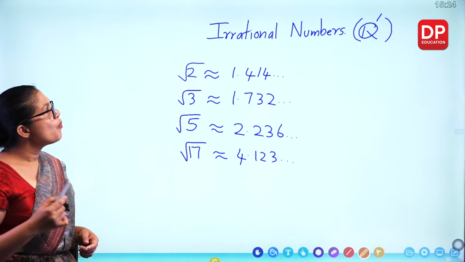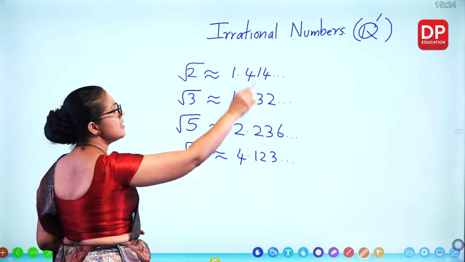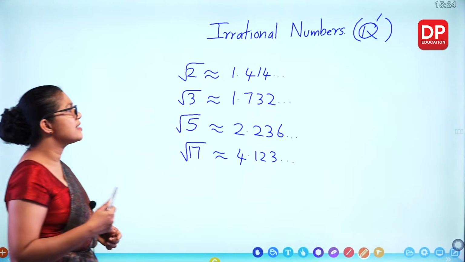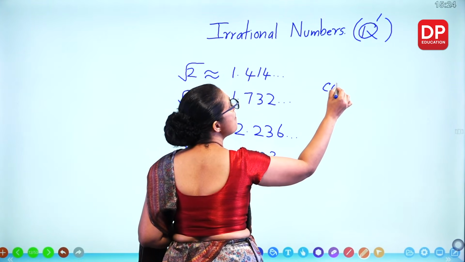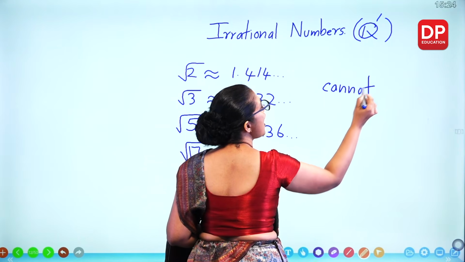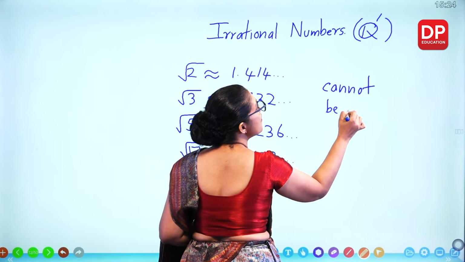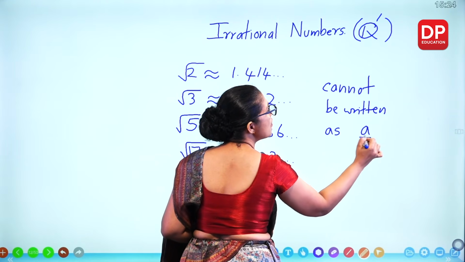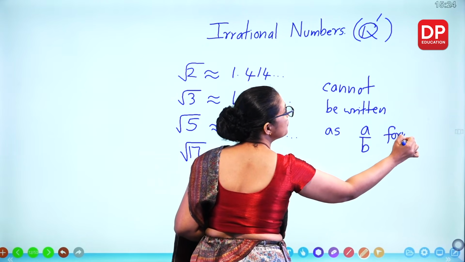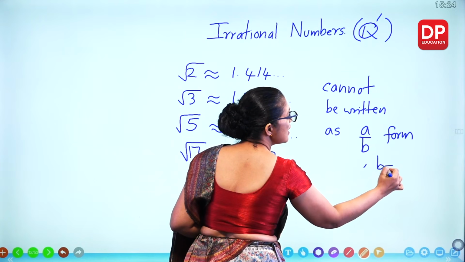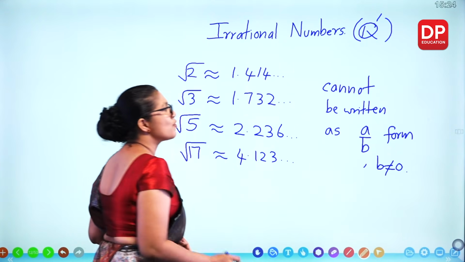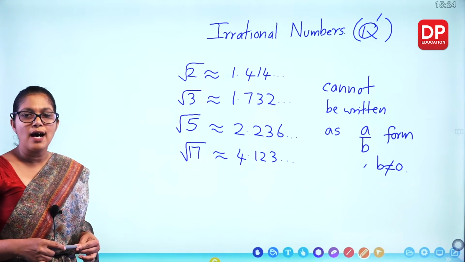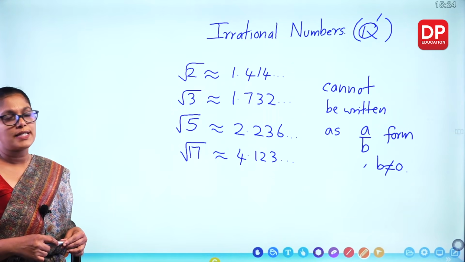So here we call these numbers irrational numbers because we can't write them in this form, they cannot be written as a over b form, where b cannot be 0. If you can't write the number as a fraction, we call those irrational numbers.